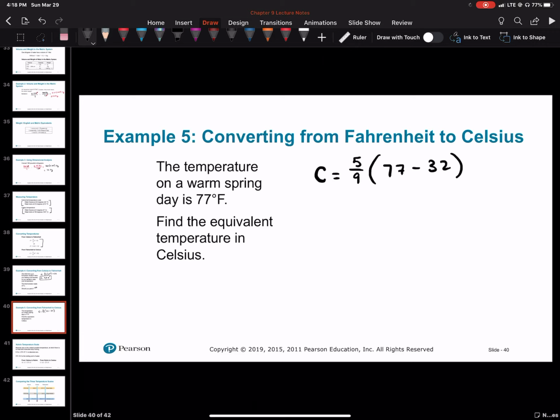We have 5/9, and we multiply that times 77 minus your 32. And you get Celsius equal to 25 degrees. So if you're putting it in the calculator, go ahead and do what's inside parentheses first, then multiply by 5/9.